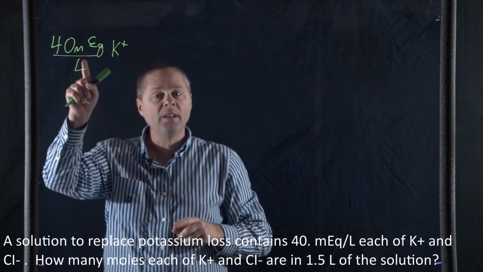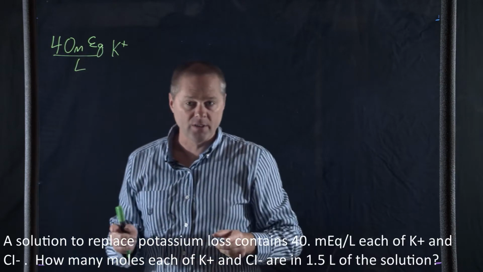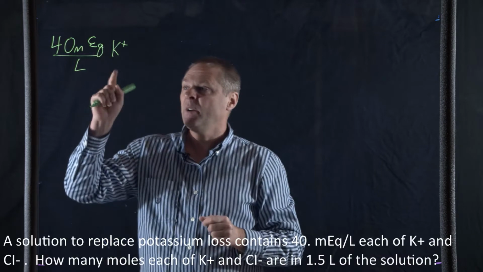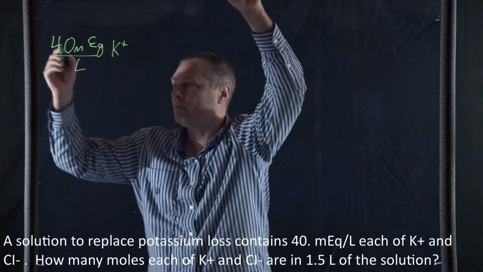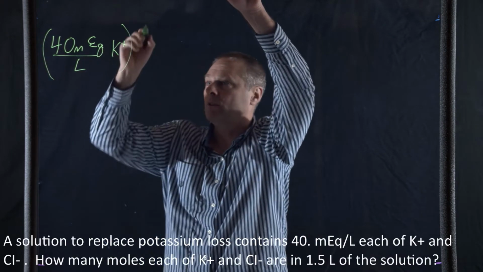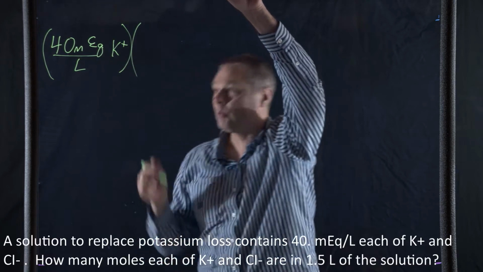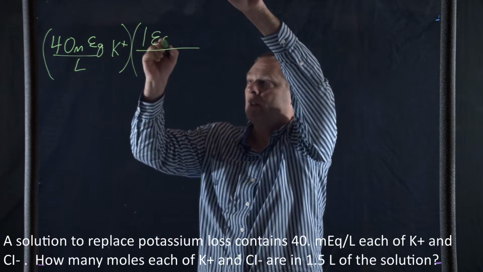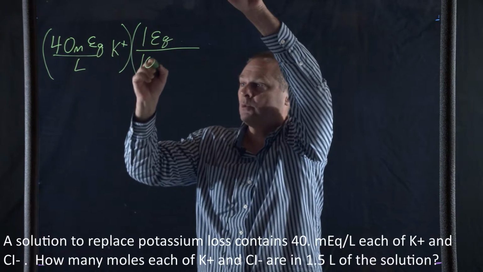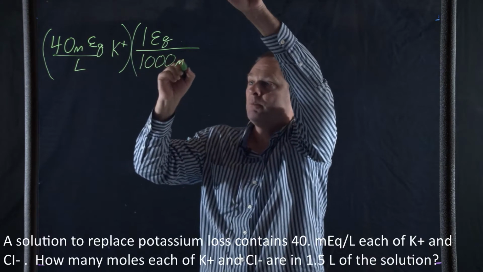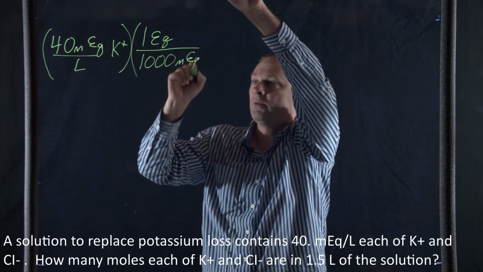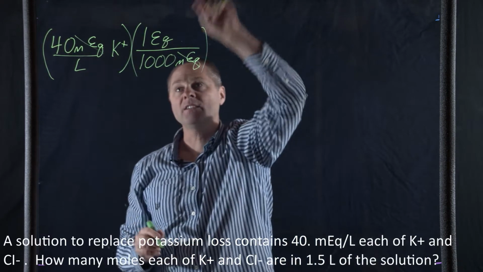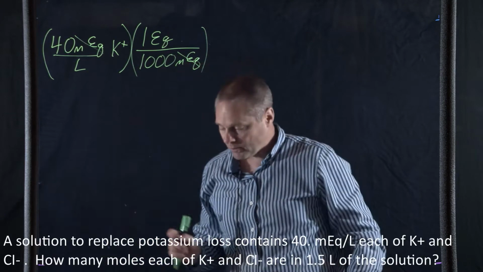Now remember, milli means 1,000th of an equivalence. And so if we first calculate that, we're going to say 1 equivalent is equal to 1,000 milliequivalents. All right. So the milliequivalents cancels. We're now in the units of equivalence.